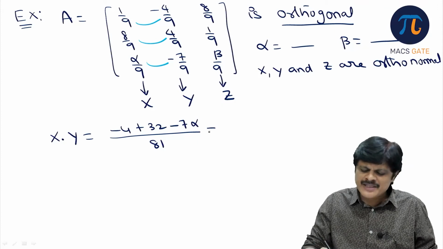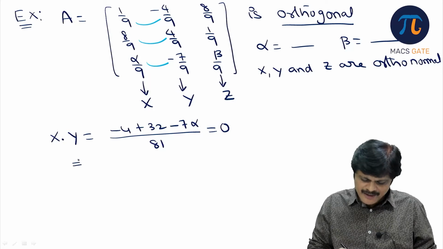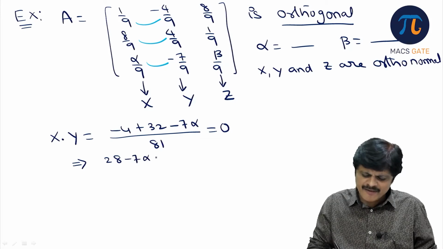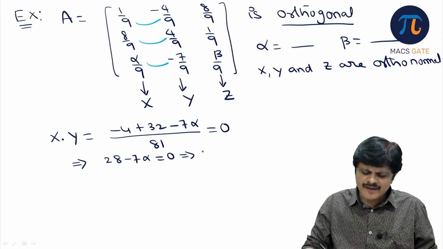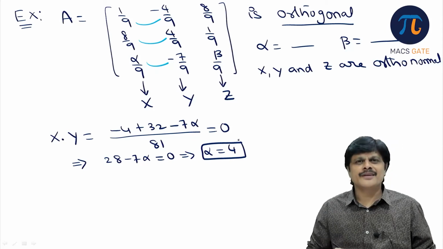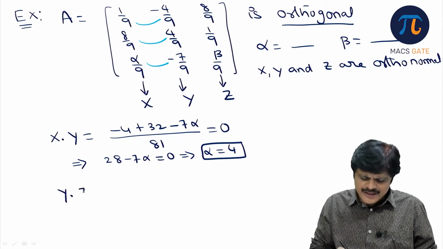But orthonormal means x dot y must be 0. If you simplify this, it is 28 minus 7 alpha, equal to 0, because 81 into 0 is 0. That means 7 alpha is 28, so alpha is 28 by 7, that is 4. Now to get beta, just do y dot z.